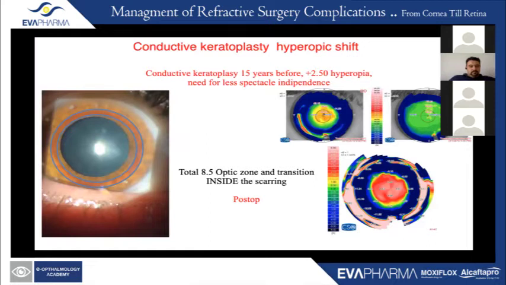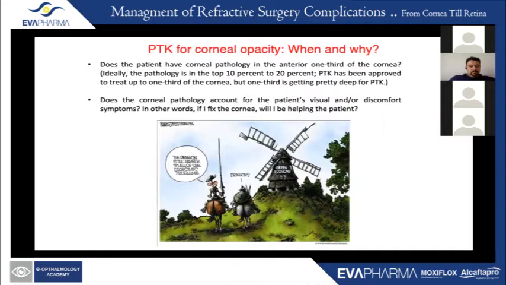In these cases, I performed a trans-PRK inside the corneal scarring, inside the optic zone. And so the message is that you can use PRK also in these cases of conductive keratoplasty without any problem. Just plan the PRK inside the treatment.